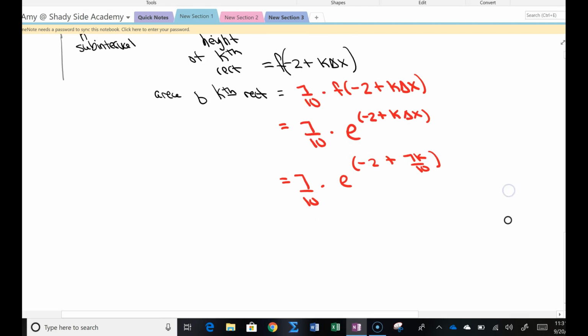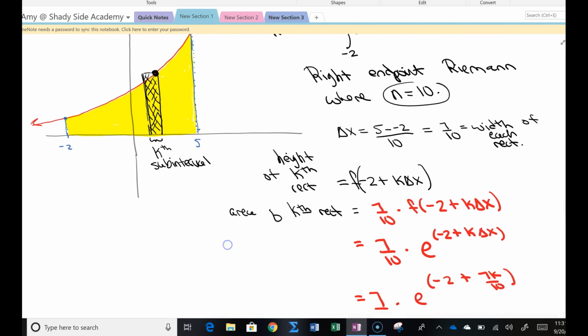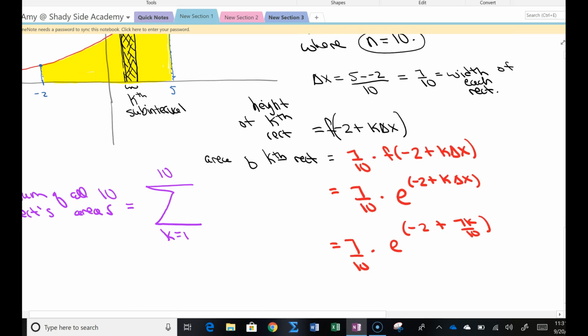So now my sum of all 10 rectangles, let's go right underneath the picture here. The sum of all 10 rectangles' areas is going to equal the summation from the first rectangle to the 10th rectangle of 7/10 times e to the negative 2 plus 7k over 10.